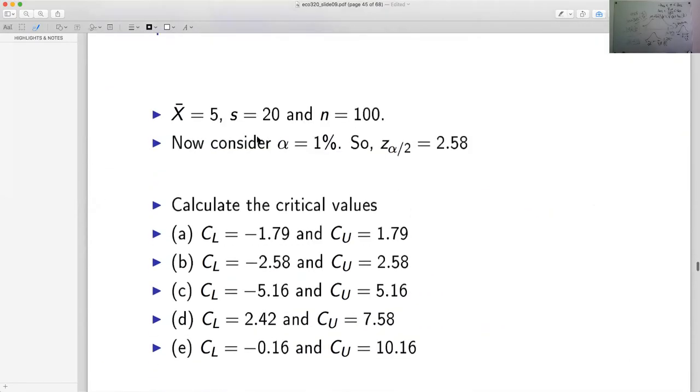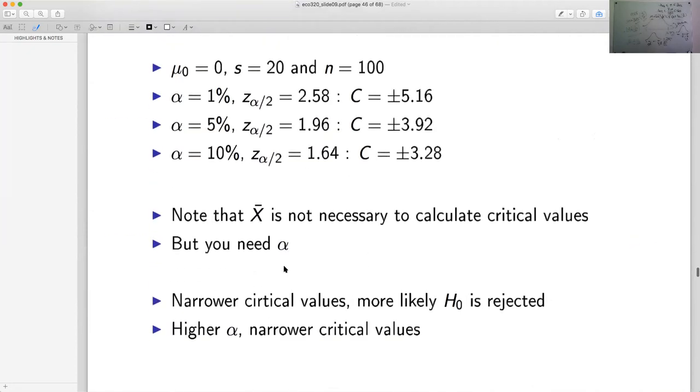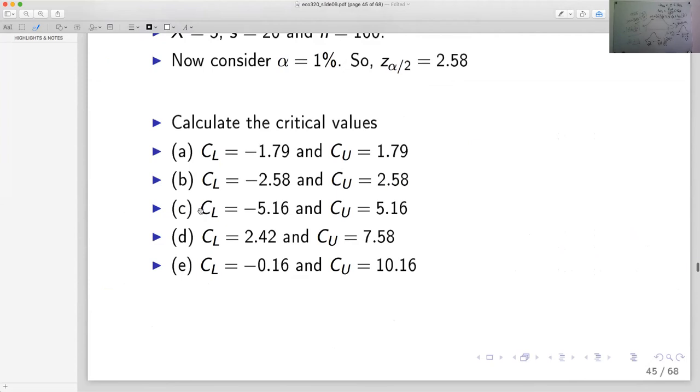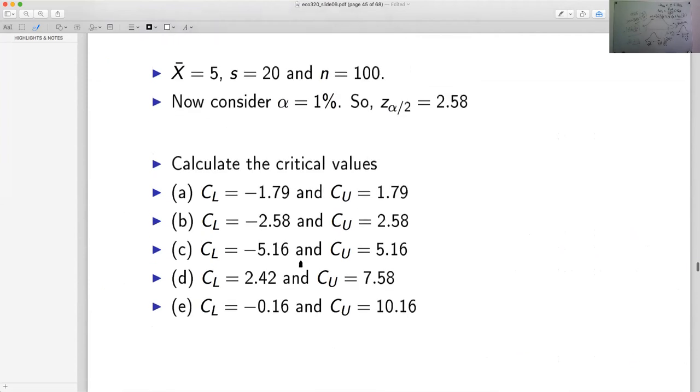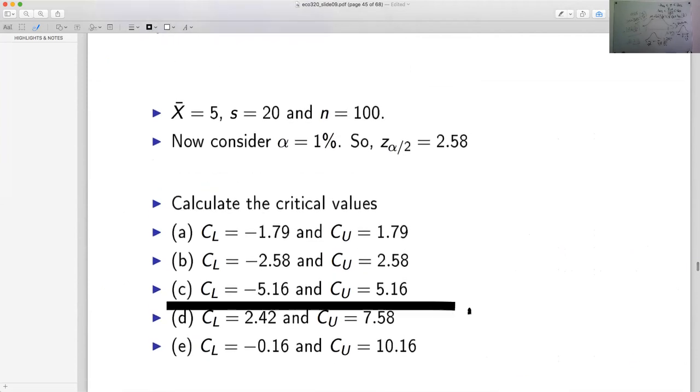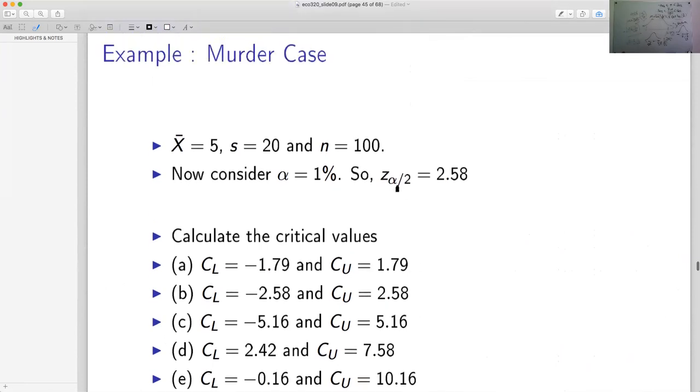Similarly, at alpha equal to 1%, please try to find that. Your answer would be here, the critical value. Make sure you try out why this is the case. The only change compared to the previous case is that z alpha over 2 equals 2.58.